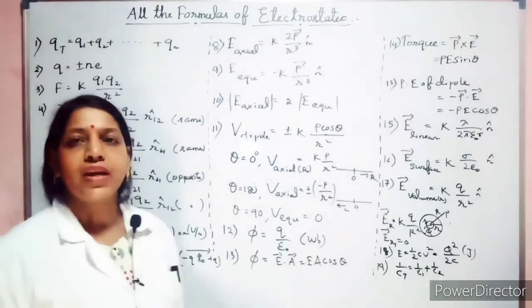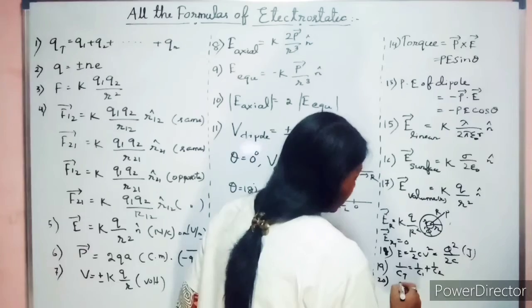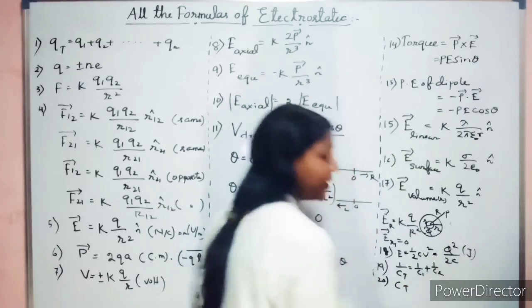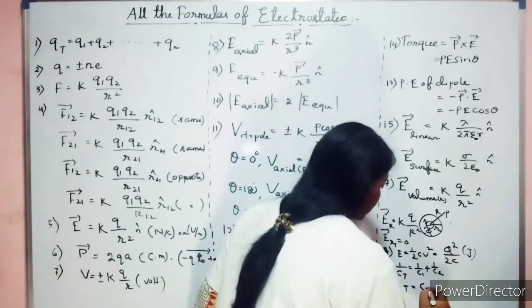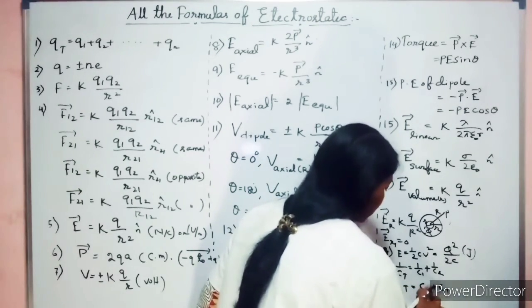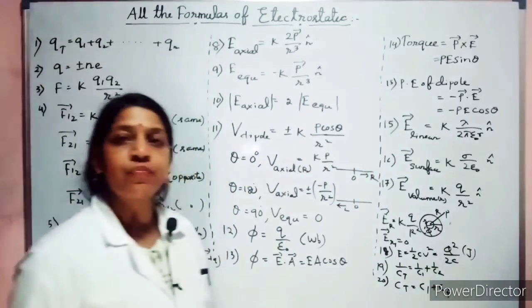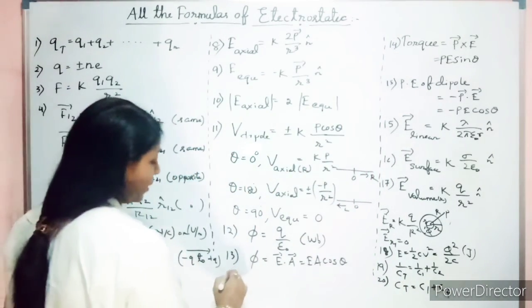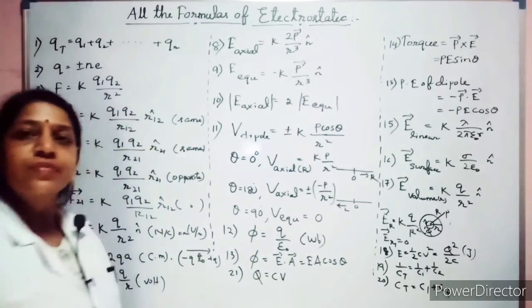You can even extend it for n number of capacitors. Then, if the capacitors are connected in parallel, the total capacitance is nothing but the algebraic sum of the individual capacitances. So you can write it as CT equal to C1 plus C2. Okay. Another formula for a capacitor is Q equal to CV.